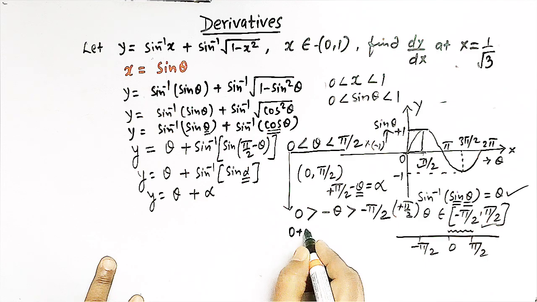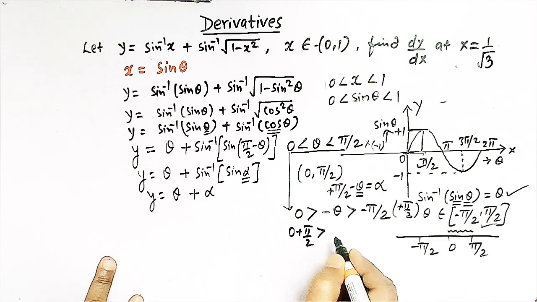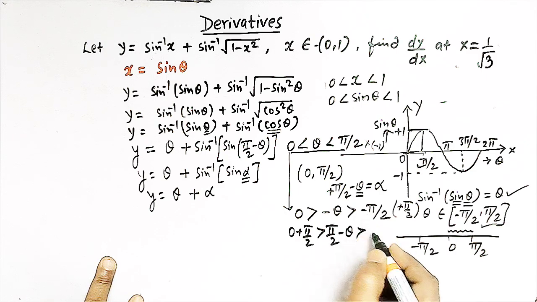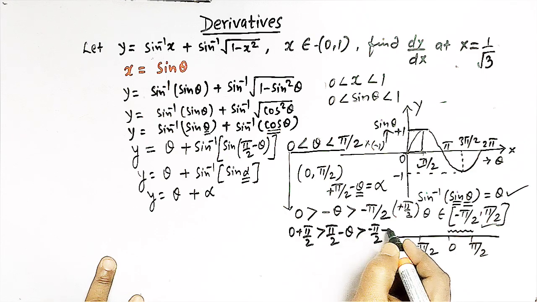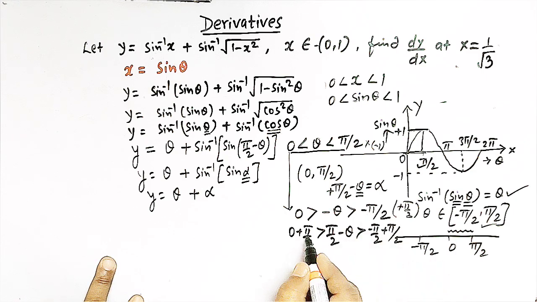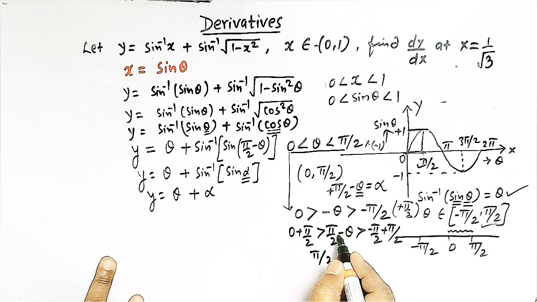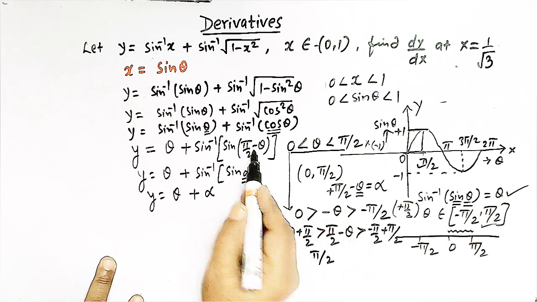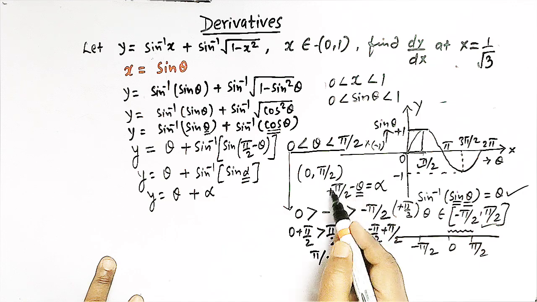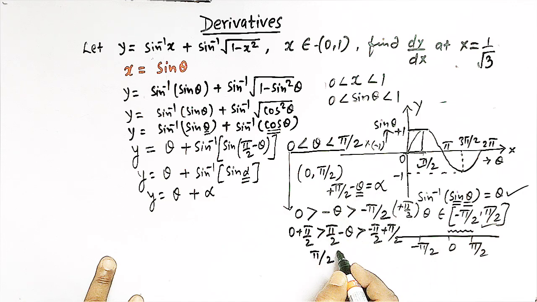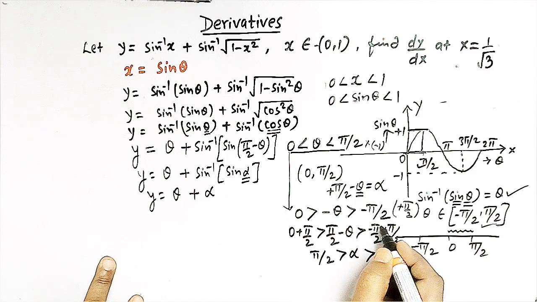So we have 0 plus pi by 2, and then we have pi by 2 minus theta, and here we have minus pi by 2 plus pi by 2. So this is pi by 2, and pi by 2 minus theta. We have already taken this angle as alpha. So let us write here alpha, and here we have 0. These two terms get cancelled, right?